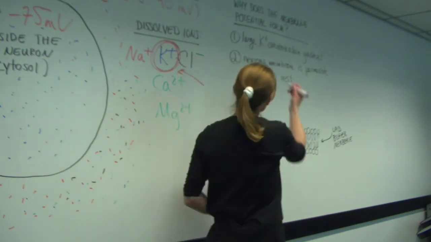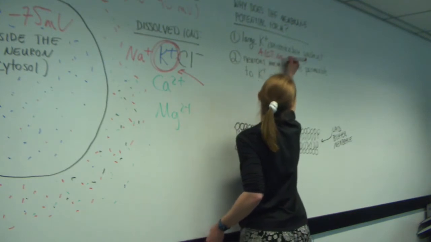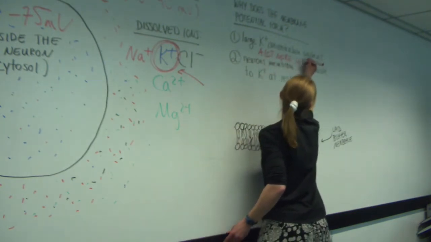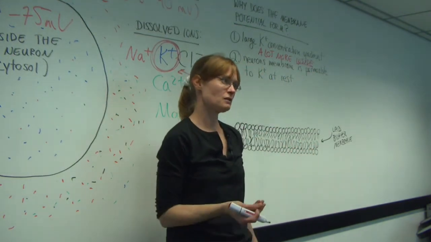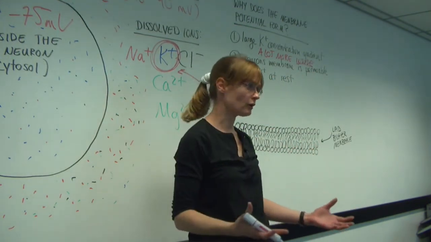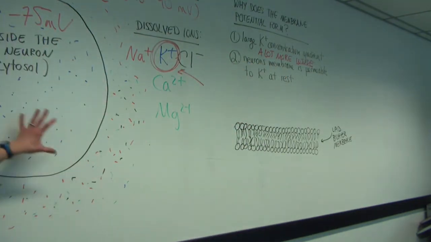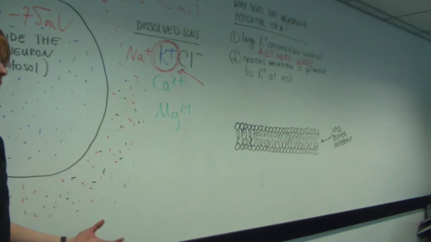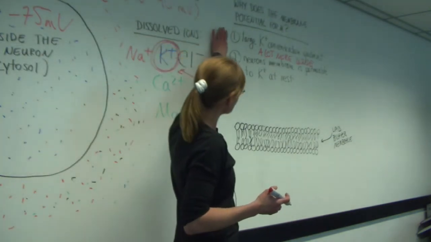And in the case of potassium, this means we have a lot more inside the cell relative to outside. Okay, so far so good. But we have lots of different ions that have concentration gradients inside and outside of the cell. So that's not really unique to potassium.